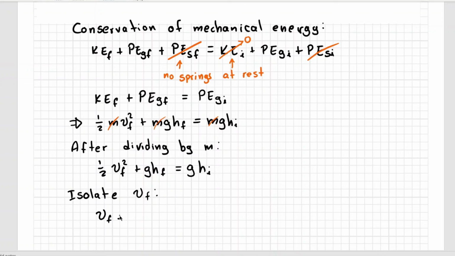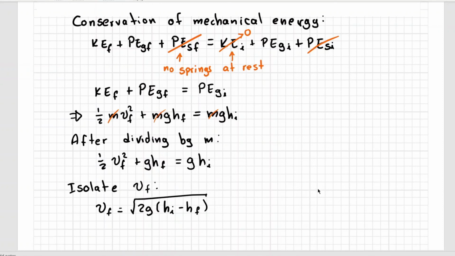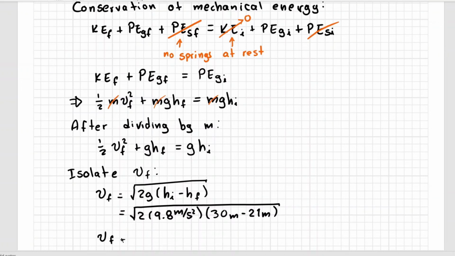And I will give you the expression that you should obtain if you do the algebra carefully. And we are ready to substitute values in this equation. Which after rounding we get a speed of 13 meters per second. So that will be the speed of the car at point B.